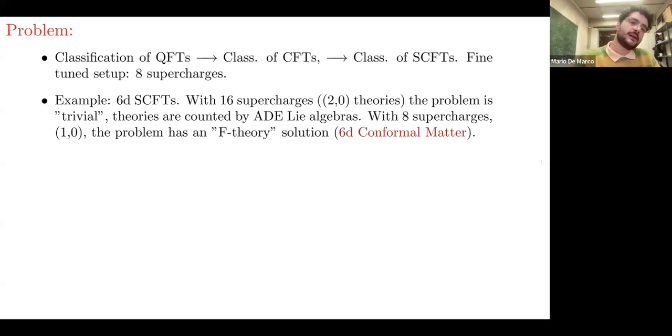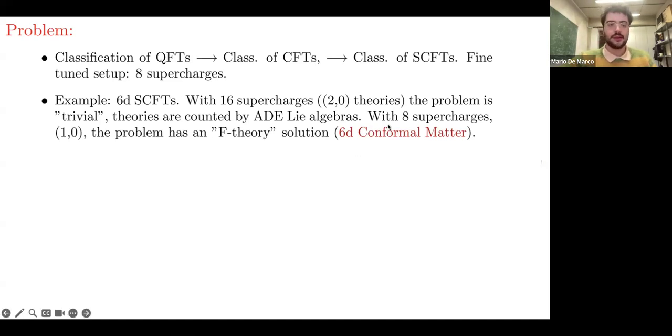An example of this is the 6-dimensional case. So to begin with, without string theory, for a long time it was believed that there were no such CFTs in dimension higher than 4, or at least they were extremely mysterious and difficult to study. But if one introduces instead 16 supercharges, namely the well-known (2,0) supersymmetry algebra, then the problem of classification is kind of trivial, in the sense that these theories are labeled by ADE algebras. The problem becomes way more interesting if we reduce the amount of supersymmetry.